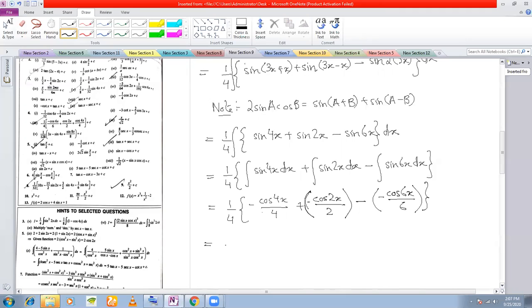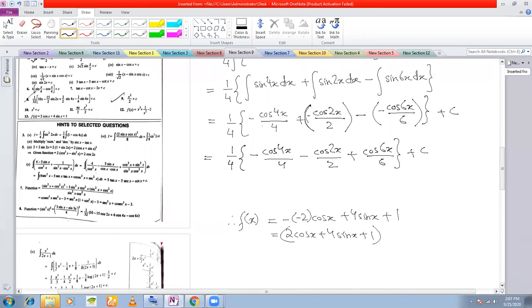So this will become 1/4 of minus cos 4x by 4 minus cos 2x by 2 plus cos 6x by 6, and you give a constant of integration also, plus c.